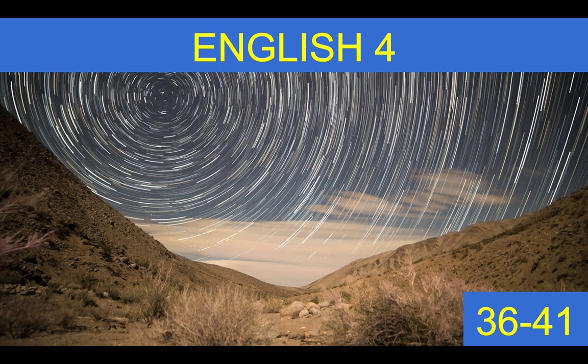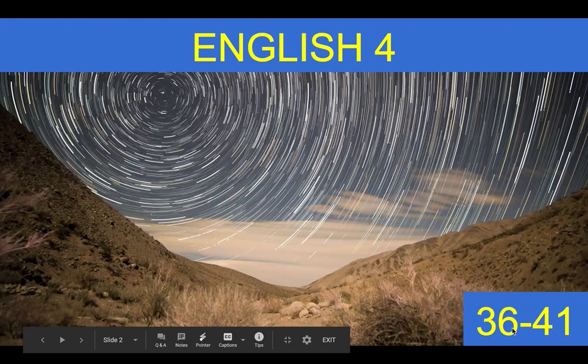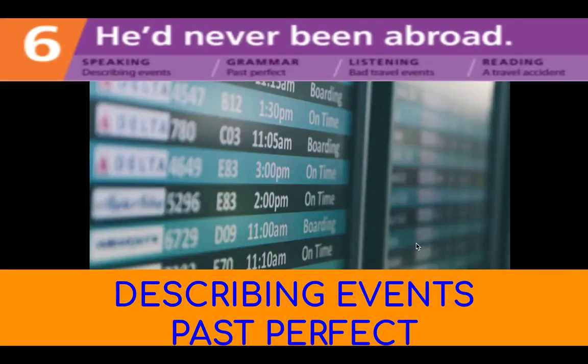This week we are going to practice describing events. We're going to do Unit 6. You can see that this starts on page 36 and we will study from page 36 to page 41. If you look first at the title, you can see, he'd never been abroad.